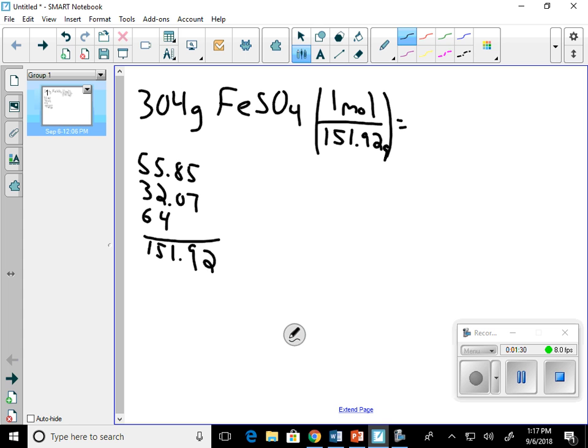Put a little g in there for grams. If I take 304 divided by the 151.92, I need to have my answer expressed with at least 3 sig digs. And this one is going to turn out to be 2.00 moles.